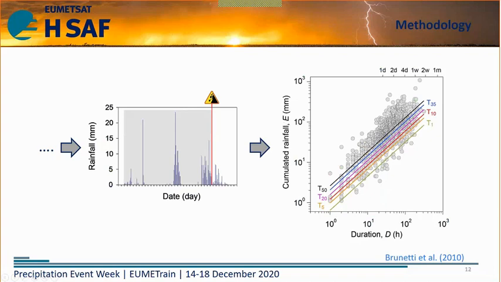In this way, we are able to identify the rainfall events that likely triggered the landslide, and estimate the total amount of rainfall and the duration of the storm that likely triggered that landslide. We built several rainfall thresholds according to different non-exceedance probability levels, as you can see here.